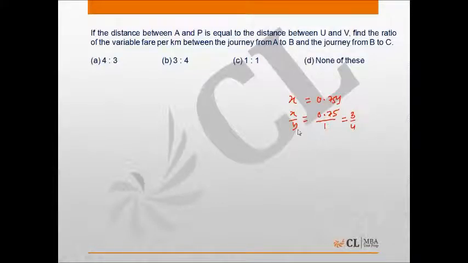As we know that the variable cost for traveling every x kilometers is 100, and that for every y kilometers along the route of B to C is also 100, from here it can be noted that the ratio of the variable cost from A to B to that of B to C has to be the reverse of this ratio, which comes out as 4 upon 3.